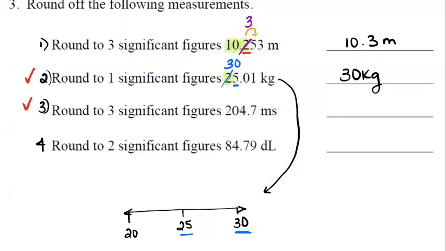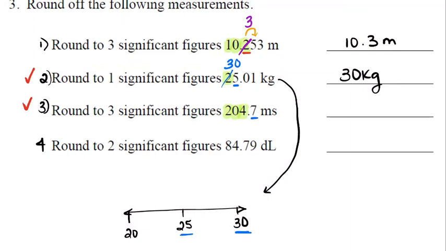Let's move on to number 3. On number 3, we're rounding to 3 significant figures the measurement 204.7 milliseconds. So when that occurs, let's understand that my 3 significant figures will be the digit 2, the digit 0, the digit 4. Who's next door to that 4 is a 7.